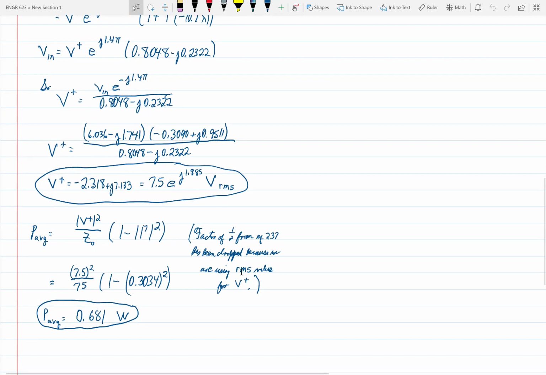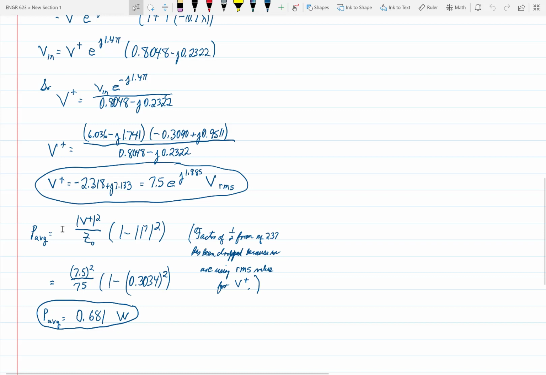Now, the equation in the book that deals with the average power delivered to the load is this equation right here, but with a 1/2 out front. But that 1/2 is the appropriate formula for when the voltages are given as peak voltages.